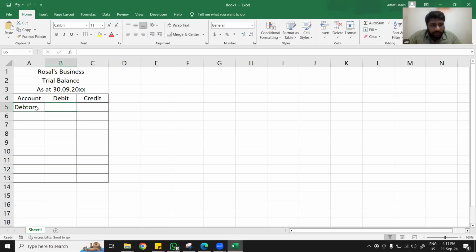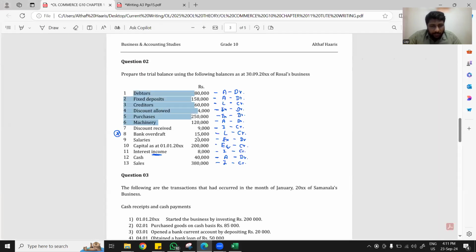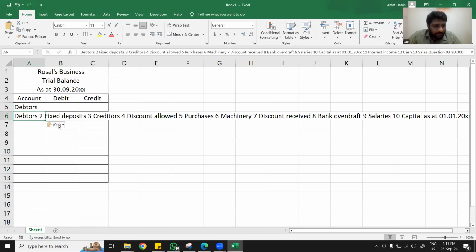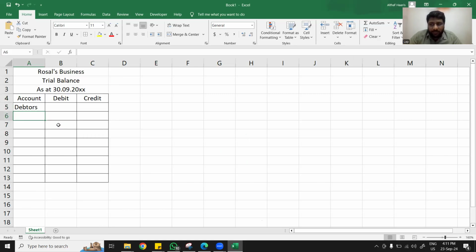Let us try to copy paste, sometimes it might work. Fixed deposit 80,000.